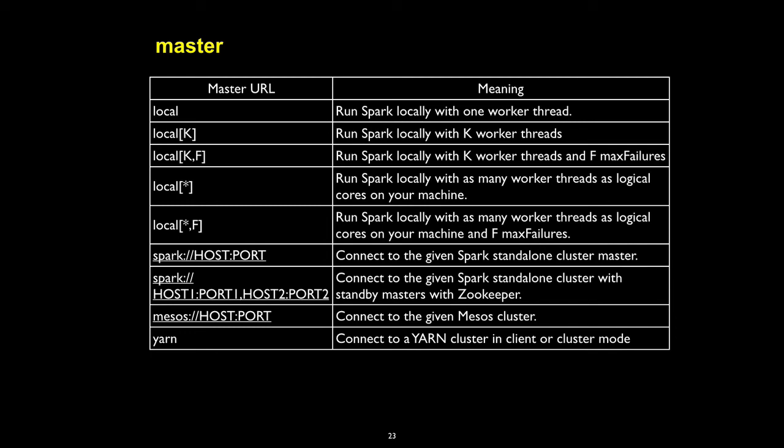Local itself means just one worker. You can specify how many workers. The star means use one worker per core. And you can also specify how many failures, so if something fails, how many times you should retry before it gives up.